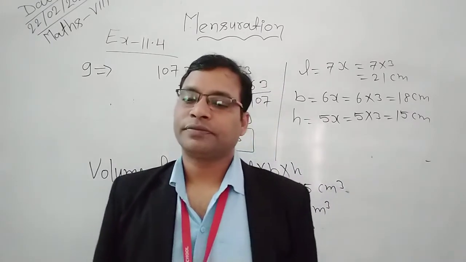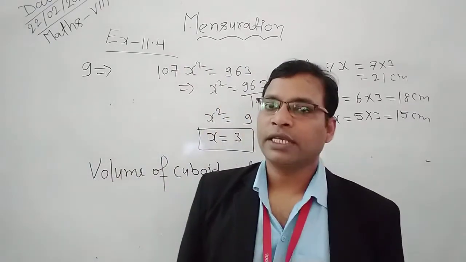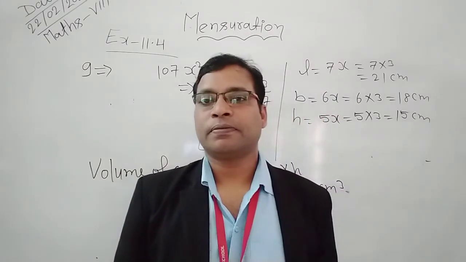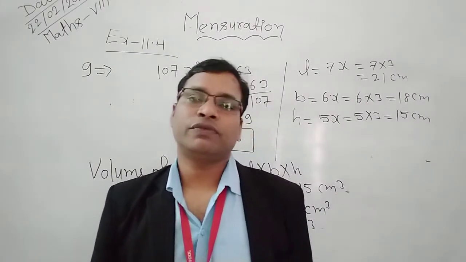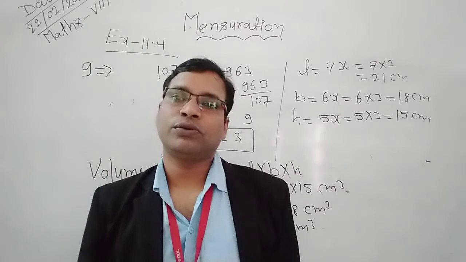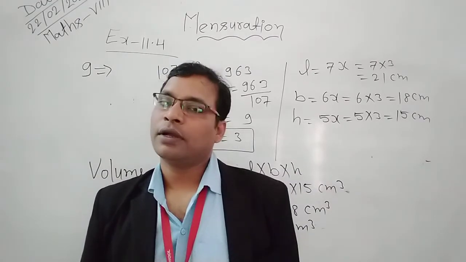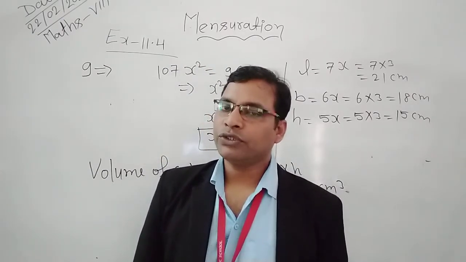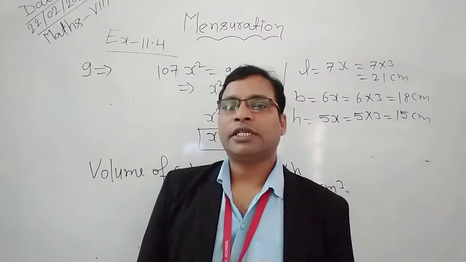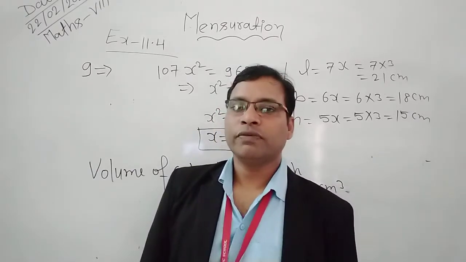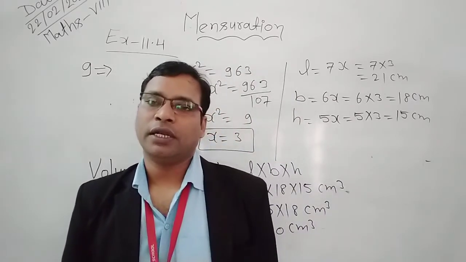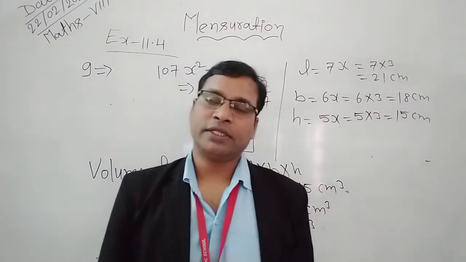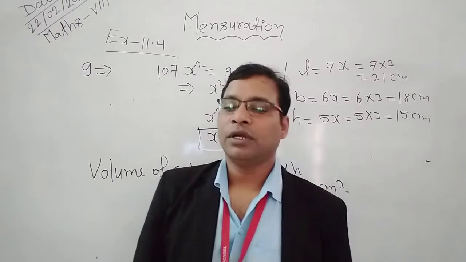The surface area is given as 1926, and the ratio of the length, breadth, and height is 7:6:5. So in this question, first we let length be 7x, breadth 6x, and height 5x. After this, we use the formula for the total surface area of a cuboid: 2 into (length into breadth plus breadth into height plus height into length) is equal to 1926.